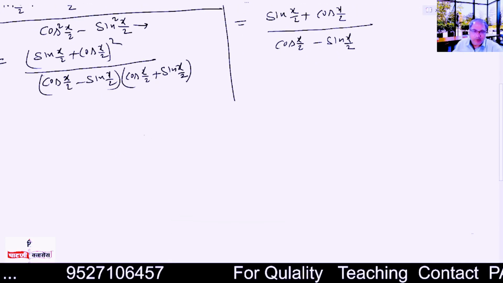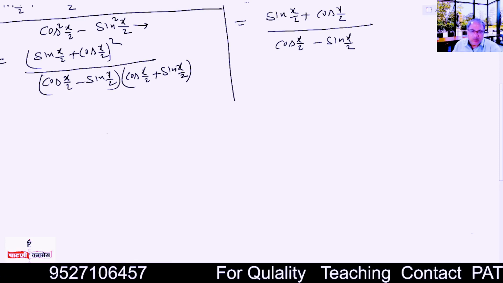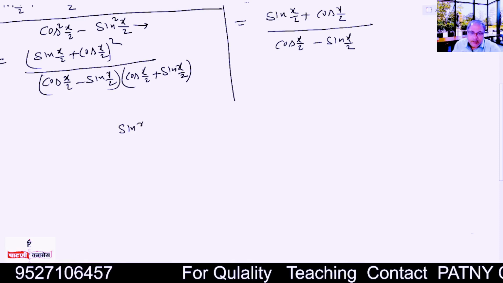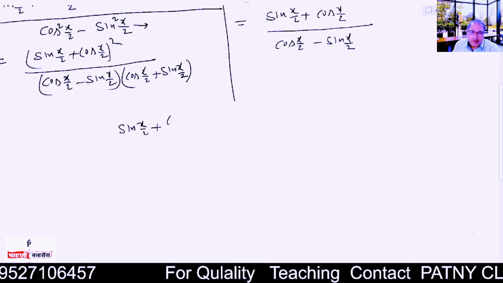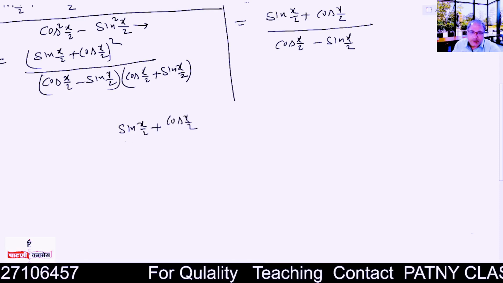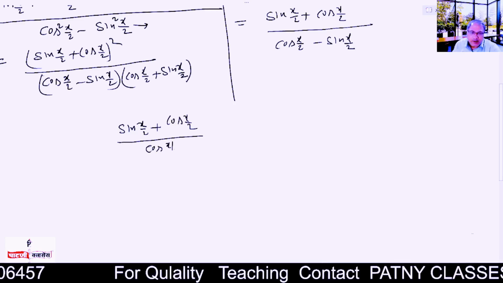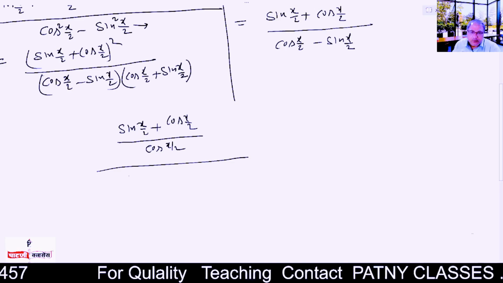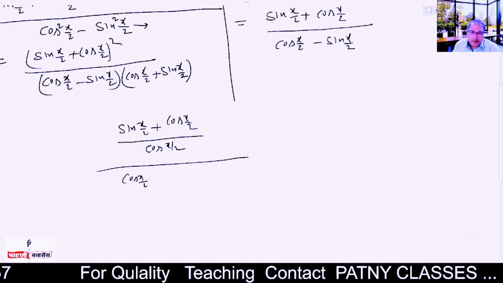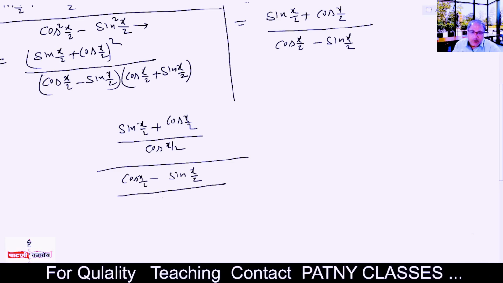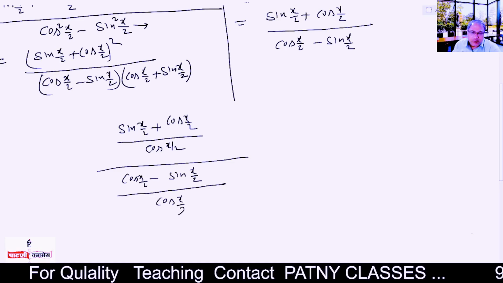Now dividing both numerator and denominator by cos x by 2, I get sin x by 2 plus cos x by 2 upon cos x by 2, divided by cos x by 2 minus sin x by 2 upon cos x by 2.